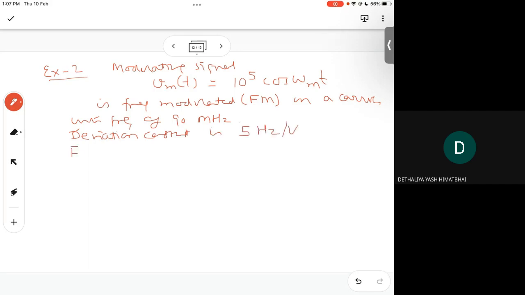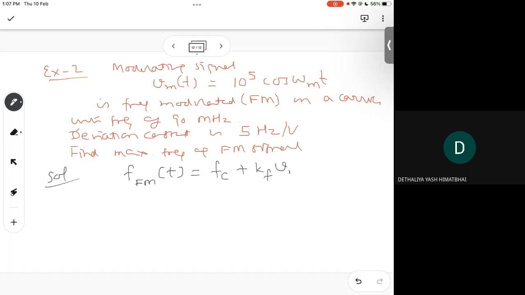So now the question is, I have to find what is the maximum frequency of my FM signal, because frequency will change now here. Okay, so in this case, if I have to find the solution, it is very simple. Just look for what has been given and what has been asked. So for the solution, I use the same expression, f of fmt. That's why I took this example separately, the frequency part, just to make the units very clear: kf vmt.